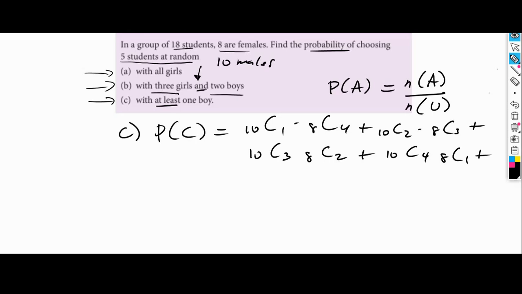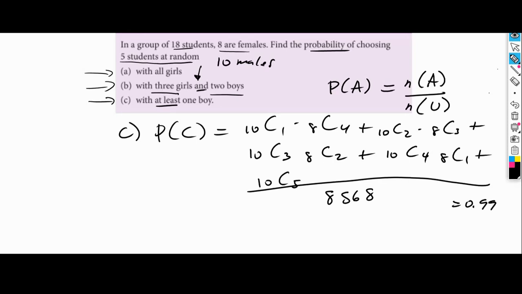And finally, we could do just all boys, right? Which would be 5 out of 10. So all of this we would have to divide by the total possible outcomes, which we said was 8,568. So if you do all the math here, you would get 0.9935.